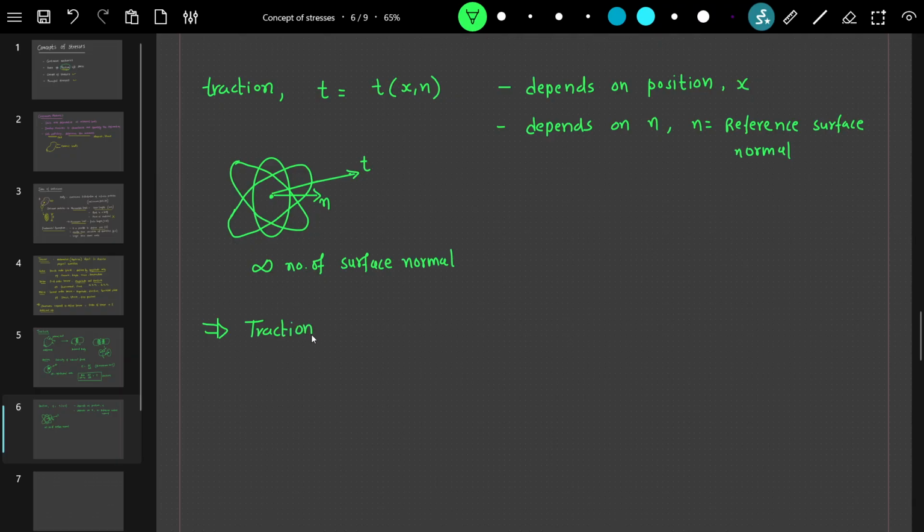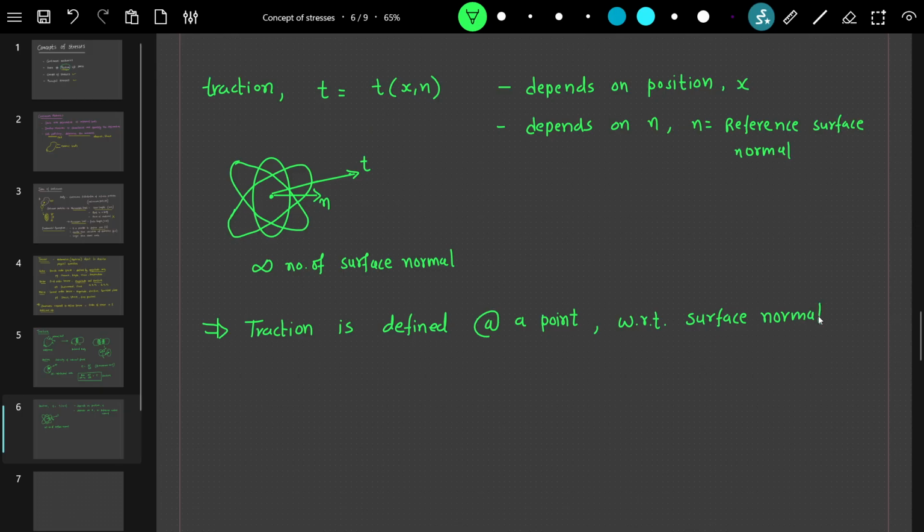So I am now refining the definition of traction. Traction is defined at a point with respect to a reference surface normal. So I will just say surface normal.